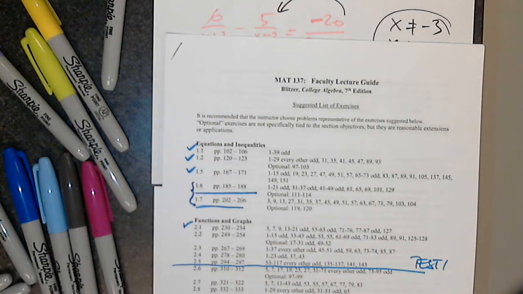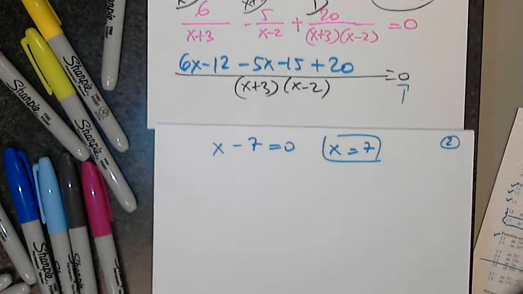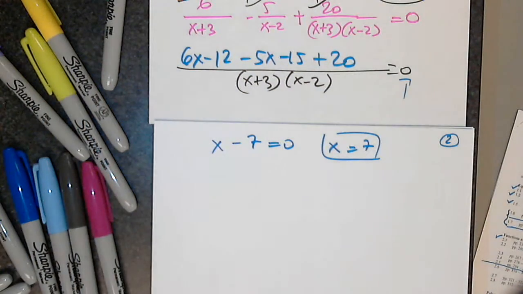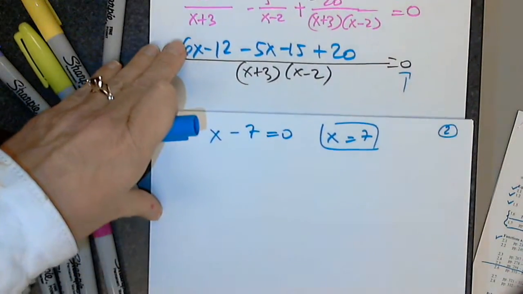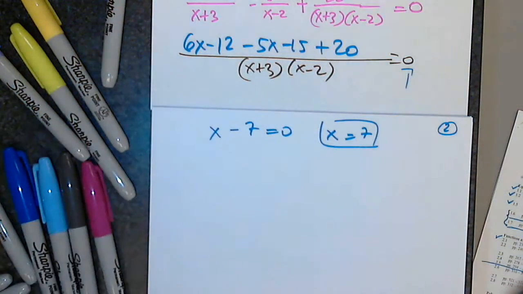And it's also on the back of the syllabus. It's also mentioned there. Okay, so let's go to 1.6. 1.5 was complete. 1.6, I still have a few things to say there because in 1.6 we're talking about other types of equations.